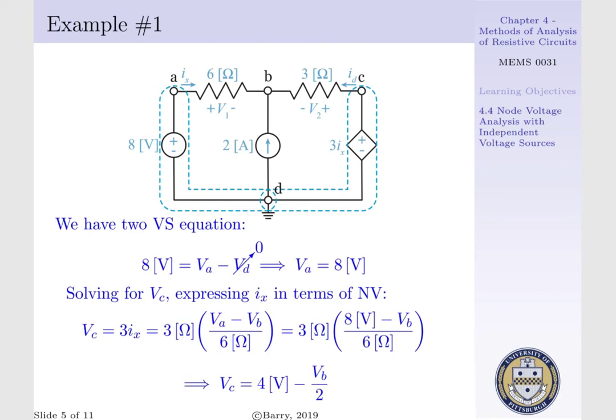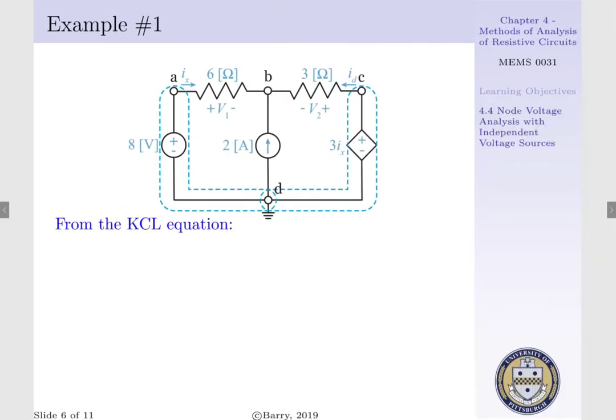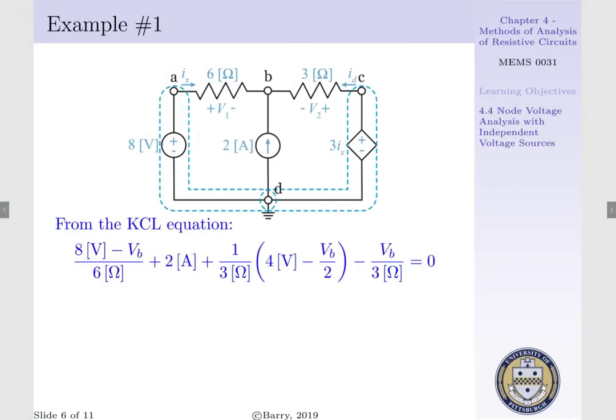Now we have an expression for VA, an expression for VC in terms of VB, and our KCL equation that had VA, VB, and VC. Going back to our KCL equation where we had Ix plus 2 amps plus ID is equal to 0, we can substitute in our known values.